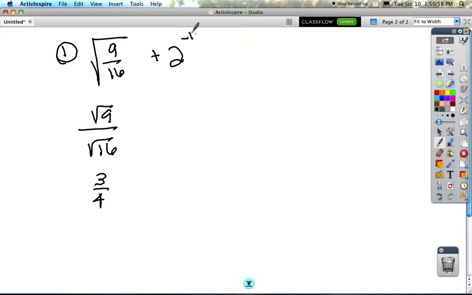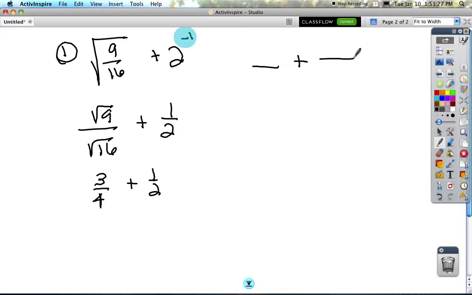Now we've got to take care of this. What is the one thing that gives you the most concern about this term? The negative. Okay. What does that tell me I do to the base? Flip it. So 1 over 2, and it's raised to the first power. So that doesn't change anything, does it? Now I'm not done here. What do I need to do when I add fractions? Common denominator.